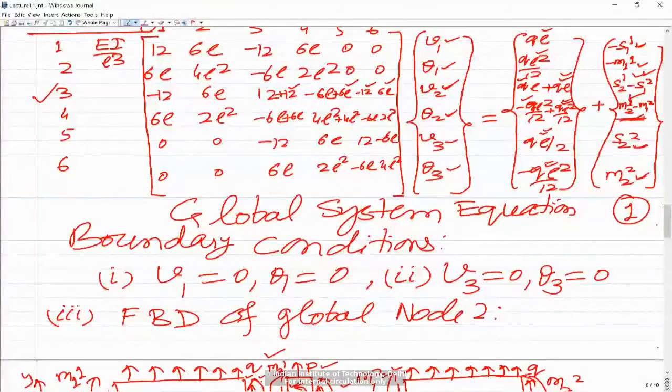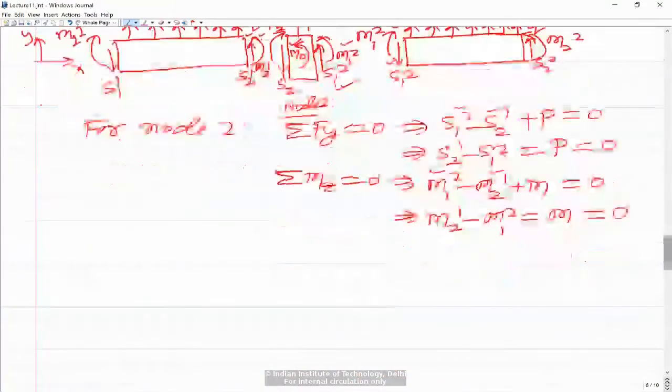The step would be first to solve equations 3 and 4 for V2 and theta 2, and then from the first equation you can get S11, from the second you can get M11, from the fifth you can get S22, and from the sixth you can get M22. So this is how the whole solution procedure will follow.